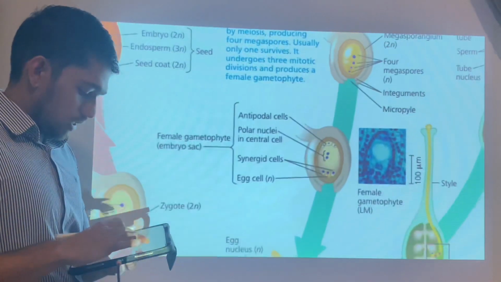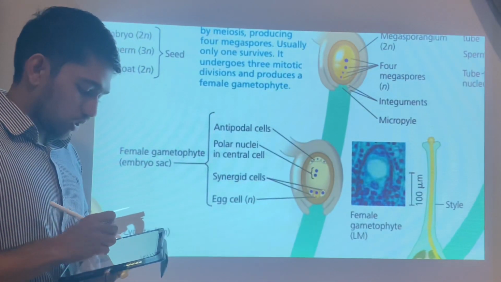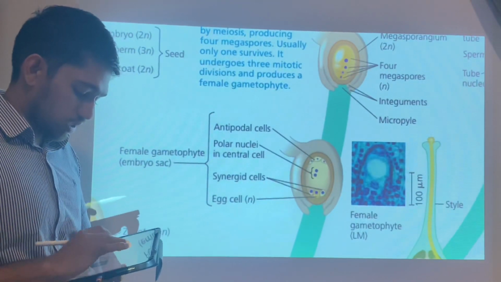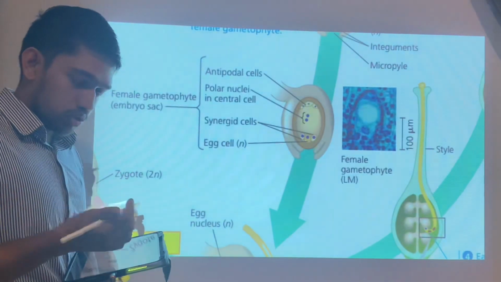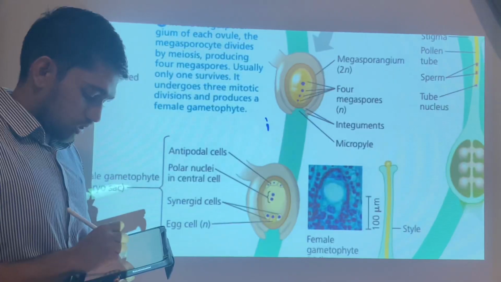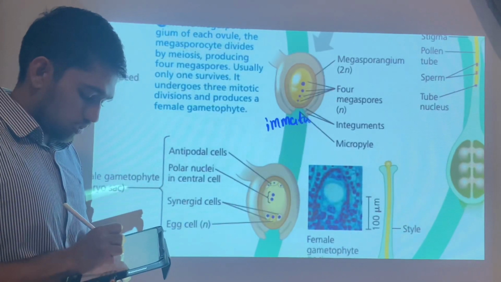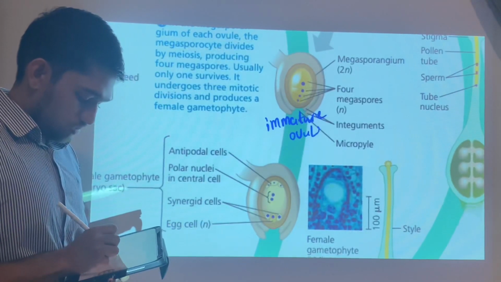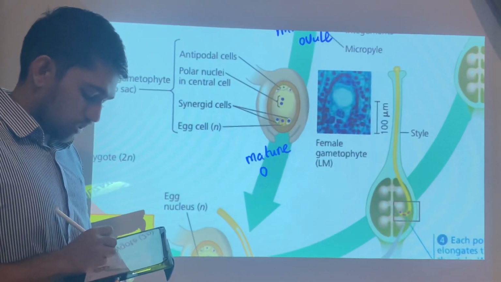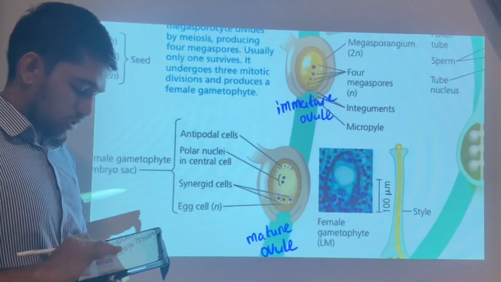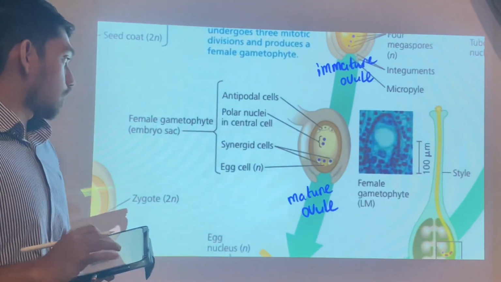So now this is your mature ovule. I mentioned earlier, under gymnosperms, we consider 2 stages of the ovule. This is your immature ovule, and this is the mature ovule. The mature ovule contains not the megasporangium, but a mature female gametophyte.